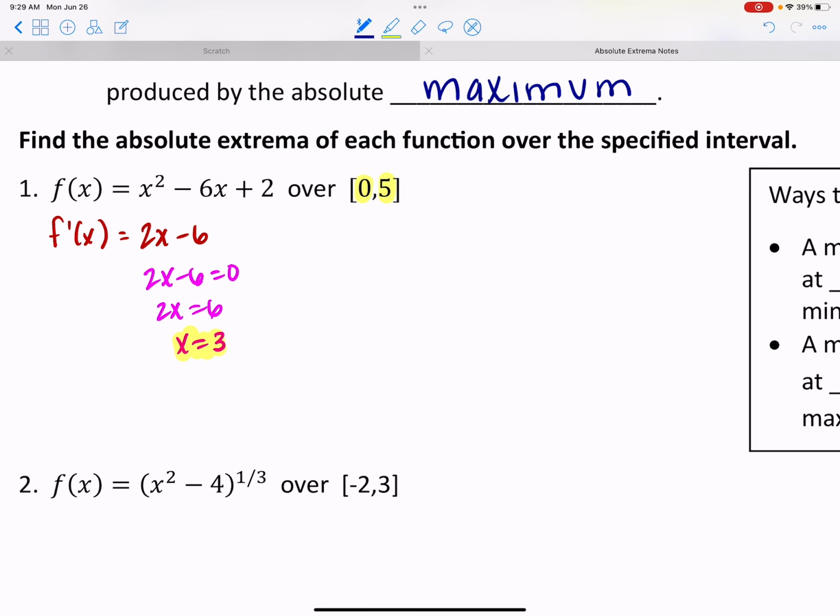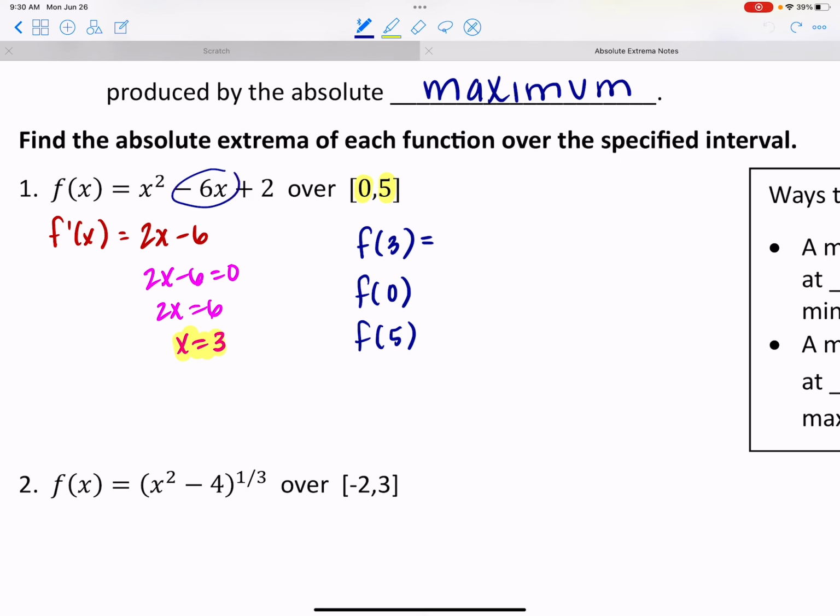I need to find my function value at 3, my function value at 0, and my function value at 5. So plug in the critical numbers and the endpoints of the interval into the original function. So let's do this. We plug 3 in. 3 squared is going to make 9.